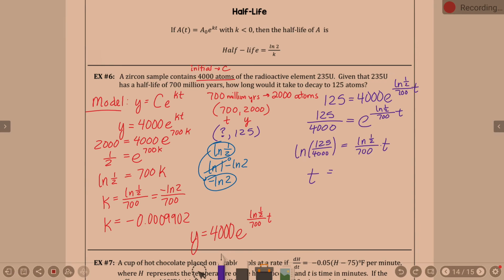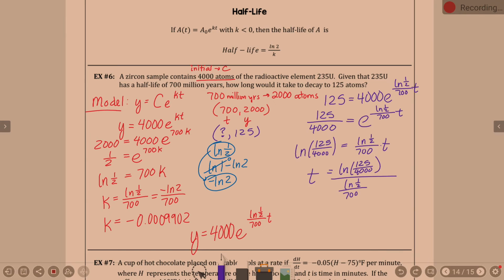On this, you could write it as this natural log divided by this fraction, or you can multiply by the reciprocal of that fraction. So I could write it as natural log of 125 over 4,000 divided by natural log of 1/2 over 700. It's messy, but you're plugging it into a nice fancy calculator, aren't you?